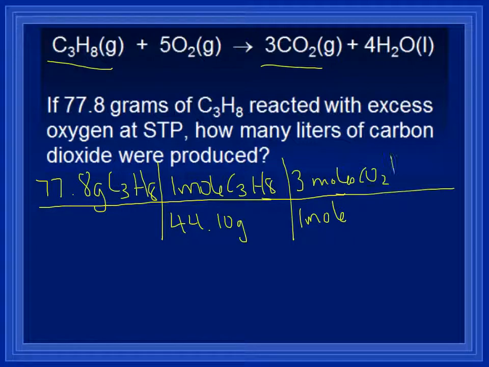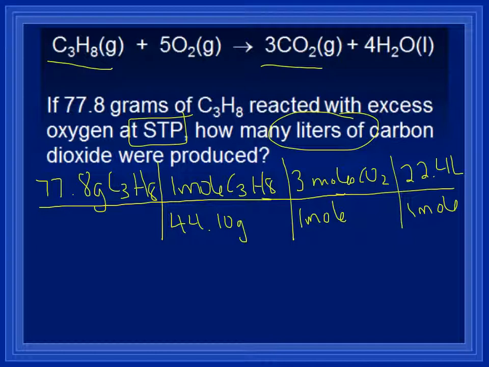And then finally, it's not asking for moles of CO2, it's asking for liters. And we know that in 1 mole of CO2 there's 22.4 liters, as long as we're at STP, which we are. So I can put 1 mole at the bottom and 22.4 liters at the top. Now I just have to use my calculator.